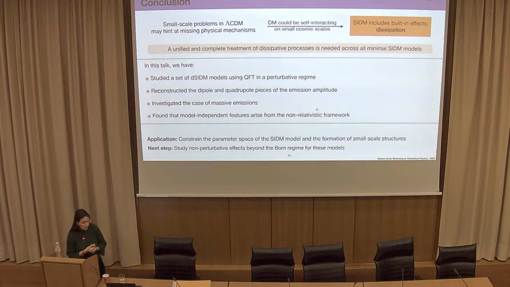If this is the case, it is really important to have a unified treatment of these dissipative processes around a large set of minimal models, and this is what we started to do with this paper.